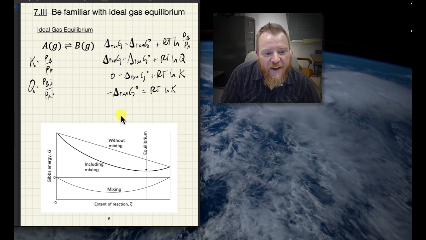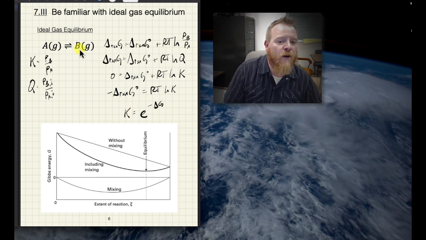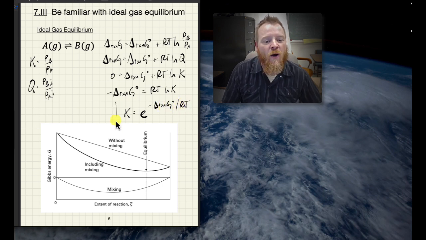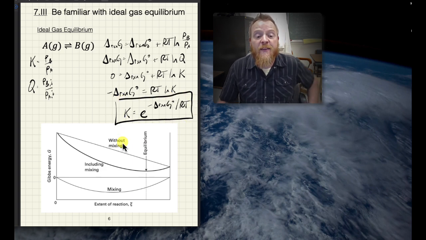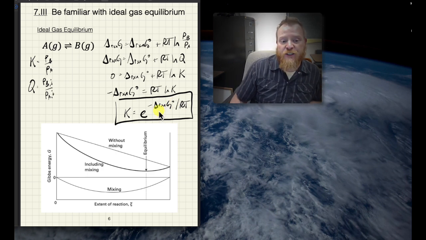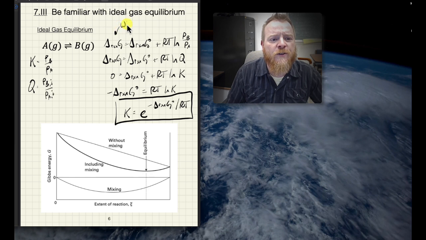What I get is the following: K equals e to the negative delta G Rxn standard, all divided by RT. So this is a way that we can also compute the equilibrium constant with only knowledge of the free energy of the reaction.